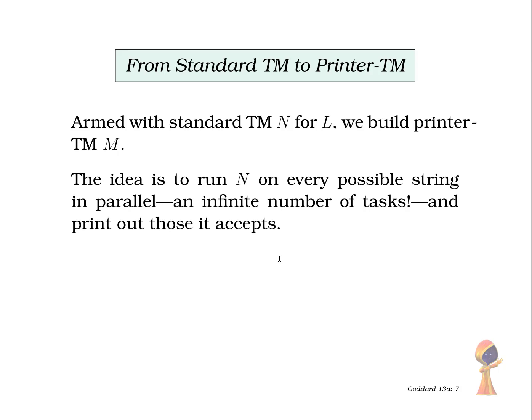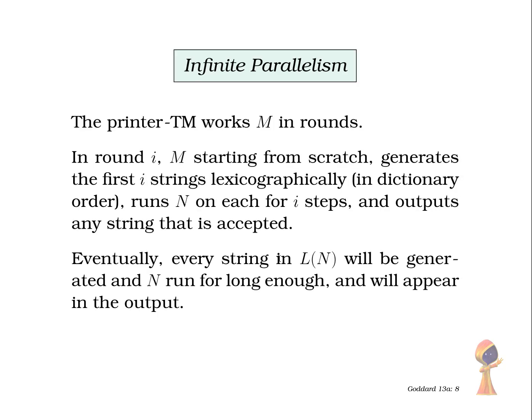Let's look at now the concept of infinite parallelism. The printer Turing machine M works in rounds. In round i, M will start from scratch. It will generate the first i strings lexicographically. What does that mean? In dictionary order. In that case, and, ant, these words, so 'and' will come before 'ant'.